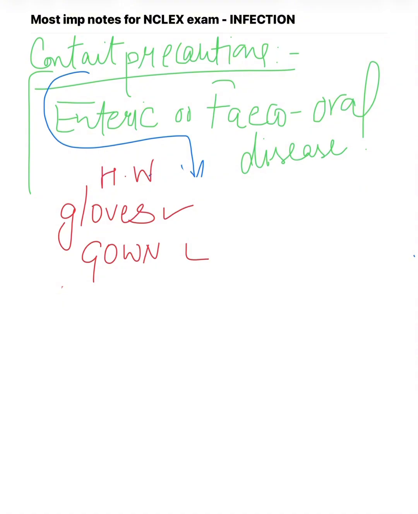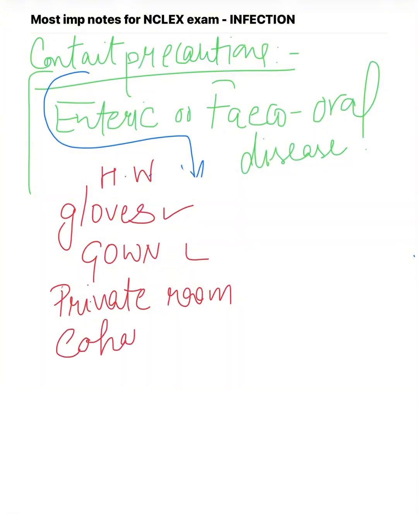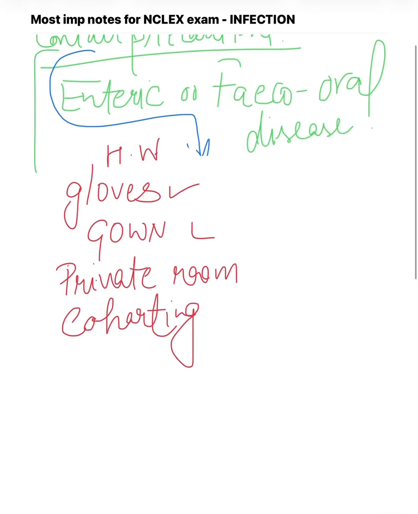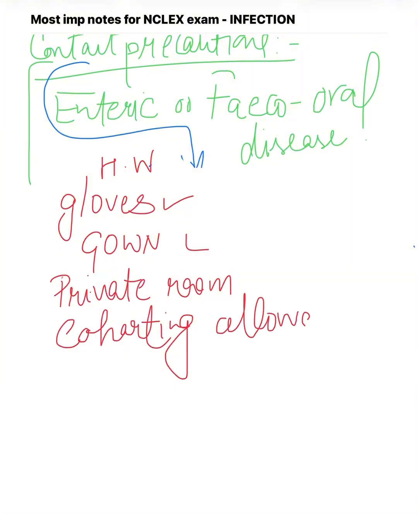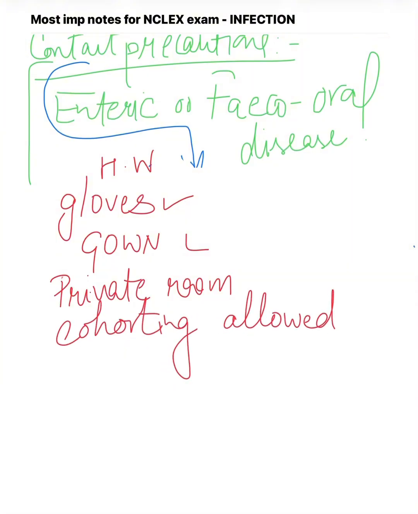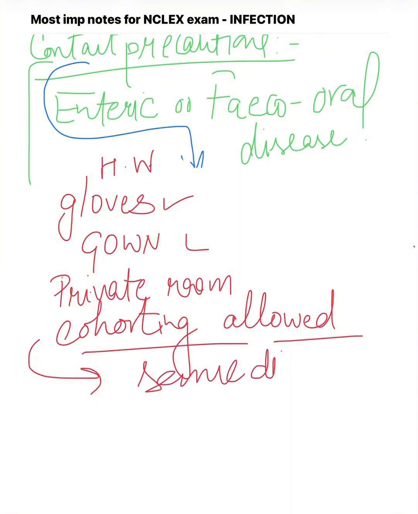Next is a private room, and cohorting is allowed. Cohorting means the same room, right? Allowed with the same disease, so you cohort persons having the same disease in contact precautions.